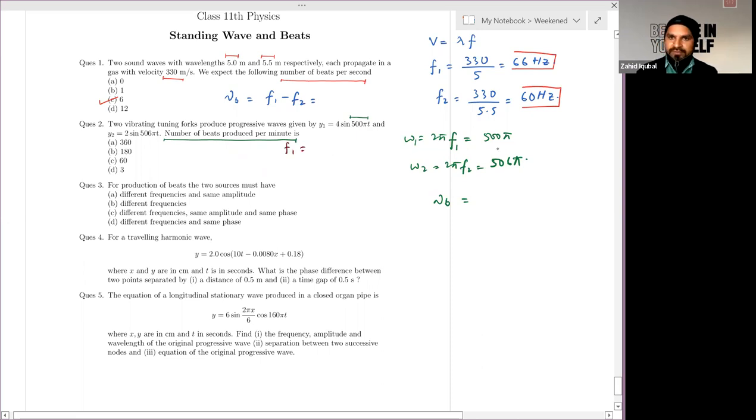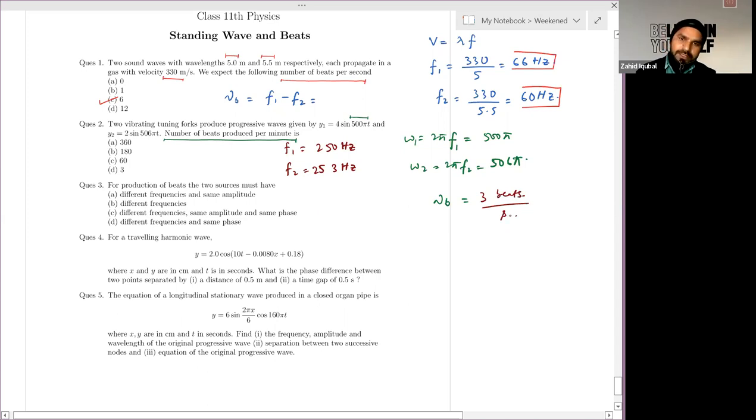Two pi f equals to 500 pi, so f1 will be 250 hertz. 2 pi f2 is equals to 506 pi, so f2 will be 253 hertz. So beats frequency in this part will be difference of frequency of two wave, that is 3 hertz. It means 3 beats per second.